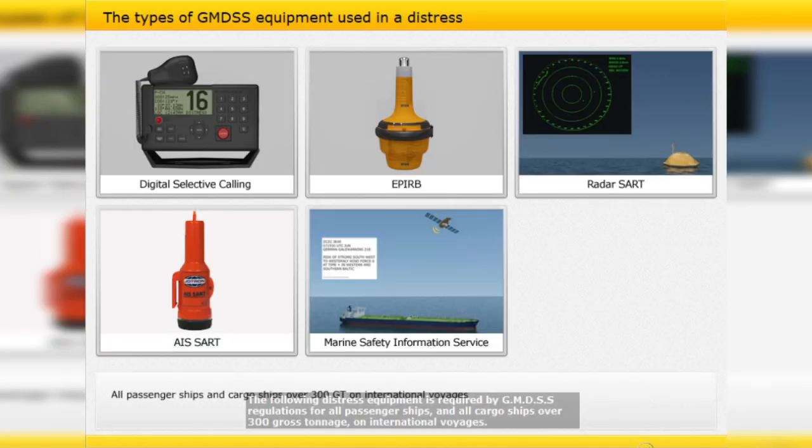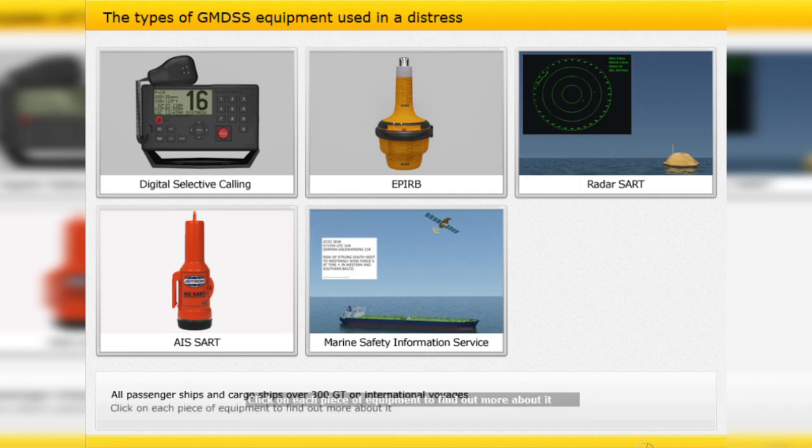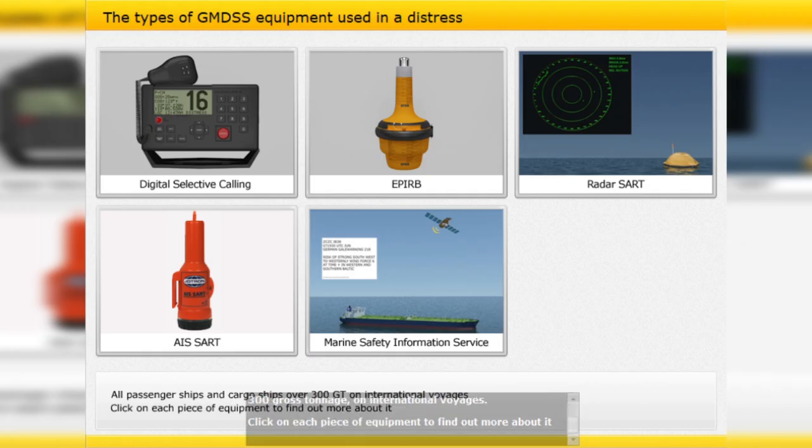The following distress equipment is required by GMDSS regulations for all passenger ships and all cargo ships over 300 gross tonnage on international voyages. Click on each piece of equipment to find out more about it.